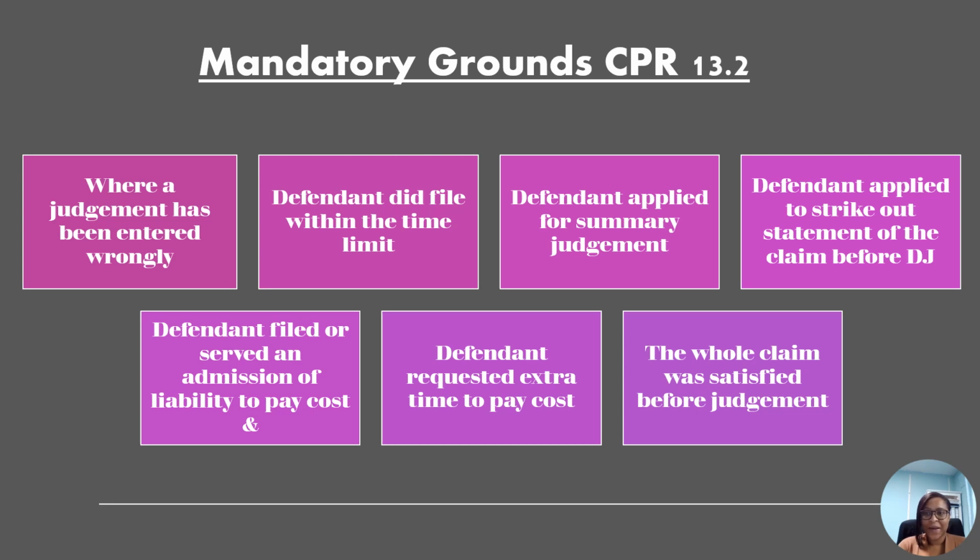Where the defendant applied for summary judgment or for the claimant's statement of case to be struck out before the default judgment. 4. The defendant filed or served an admission of liability to pay all the money claimed together with a request for time to pay. And 5. That the whole claim was satisfied before the judgment.